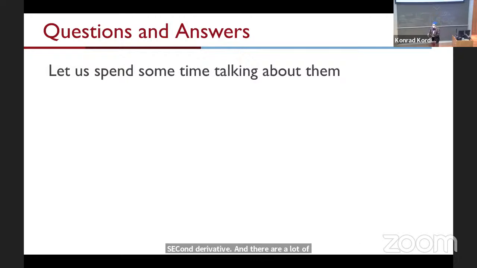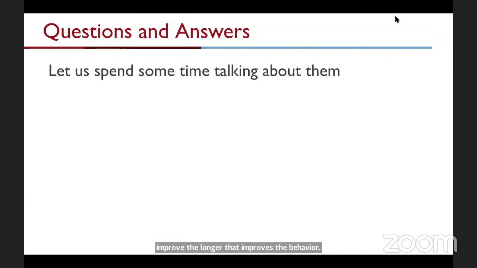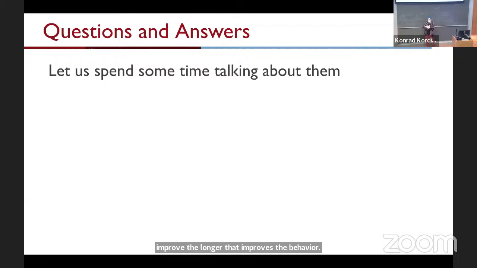And there are a lot of techniques where having the second derivative is very useful. For example, when you do meta-learning, where you want to improve the learner that improves the behavior of the animal, we have a gradient in the learner, and then a gradient in the meta-learner, and in this case, we need stuff that is twice differentiable. But ABS is differentiable everywhere apart from one place.